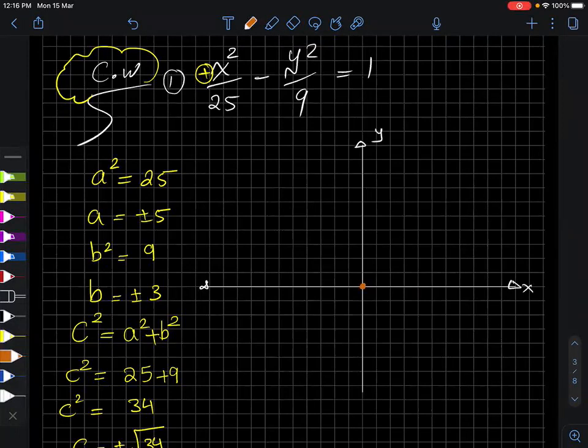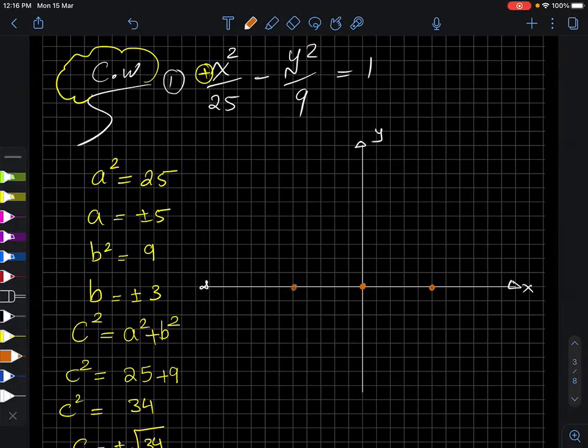Because the x squared has a positive sign, we have to move to the right 5 units and to the left 5 units. So moving 5 units to the right from the center 0, 0, it's 5 and 0. 1, 2, 3, 4, 5. And moving also to the left 5 units, 1, 2, 3, 4, 5.